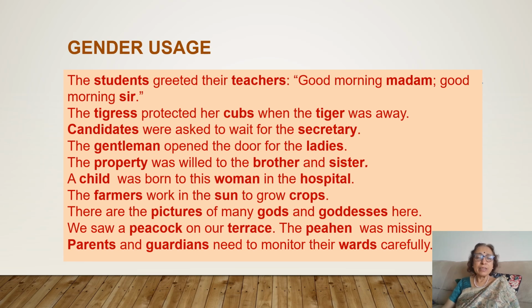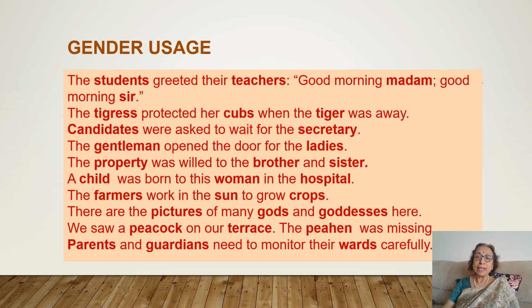There are the pictures. Pictures is neuter of many gods and goddesses here. Gods masculine, goddesses feminine. We saw a peacock on the terrace. Peacock masculine, terrace neuter. The peahen was missing. Peahen feminine.